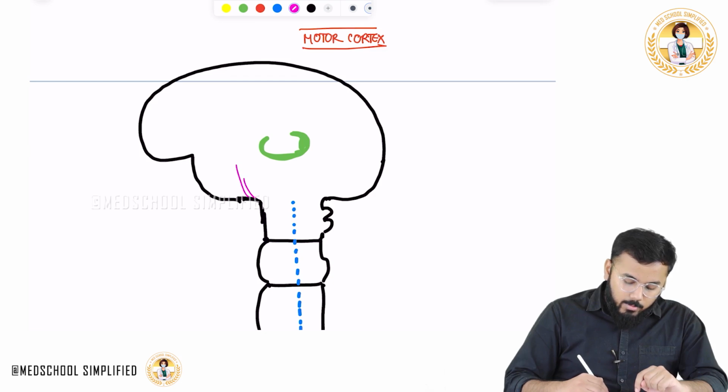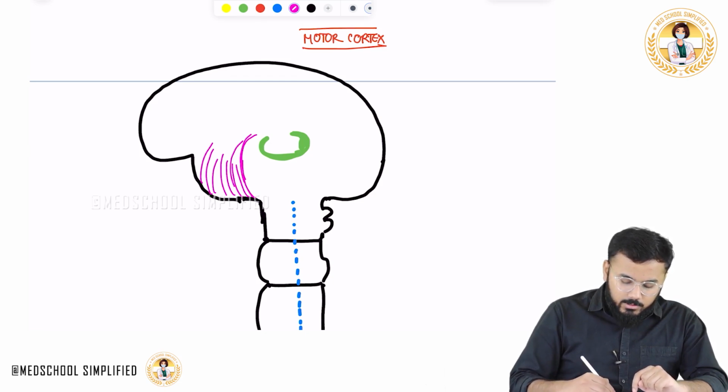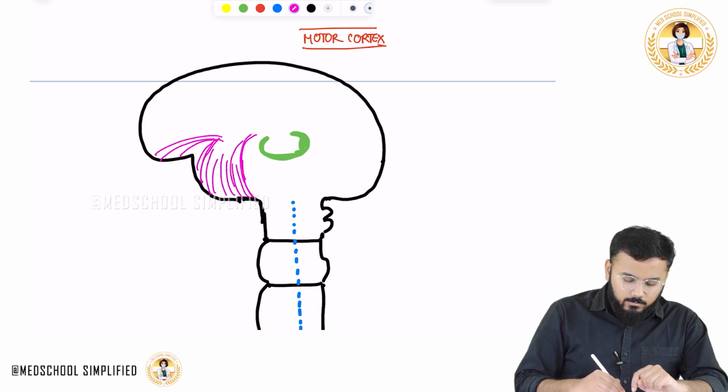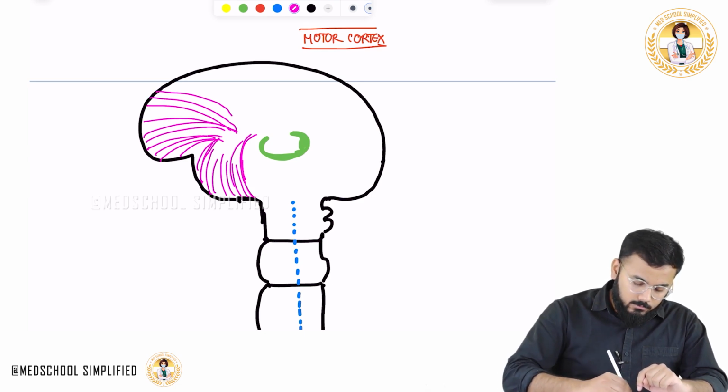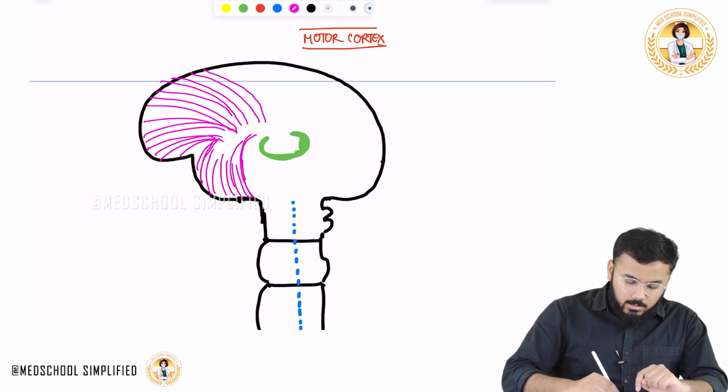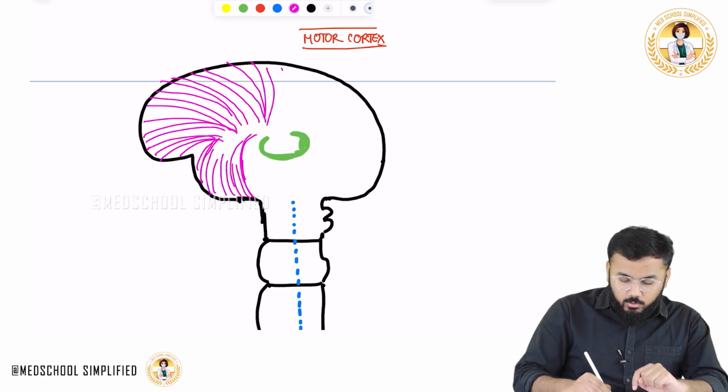So how do these fibers start? If you see very clearly here, there is a bundle of fibers in this way. You see many fibers, all these fibers together.